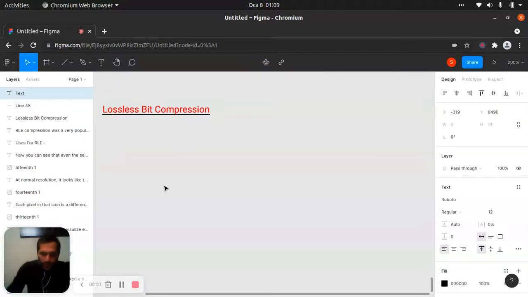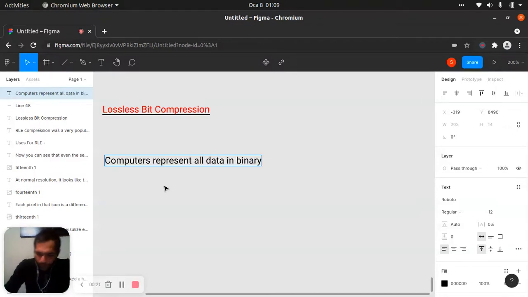Let's start it. We'll say computers represent all data in binary.